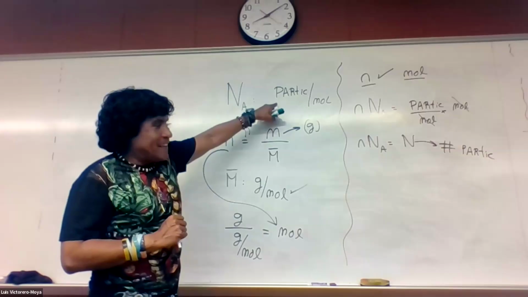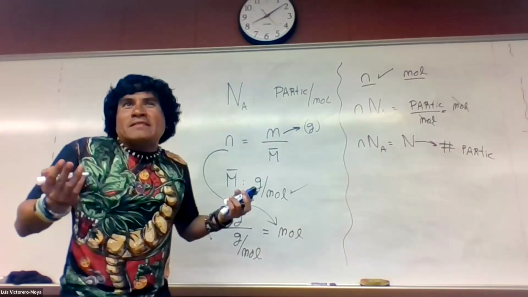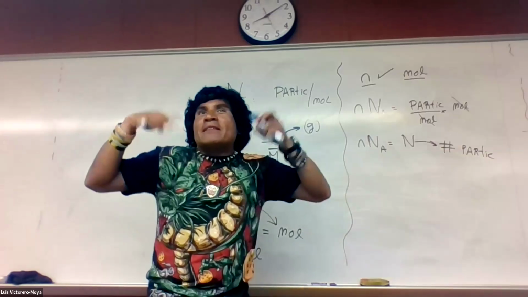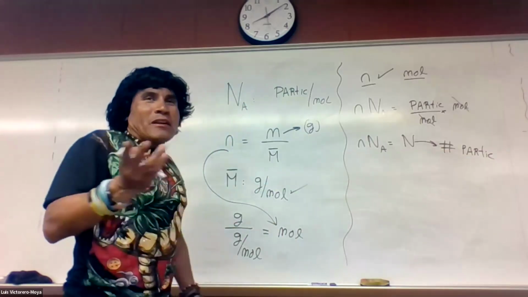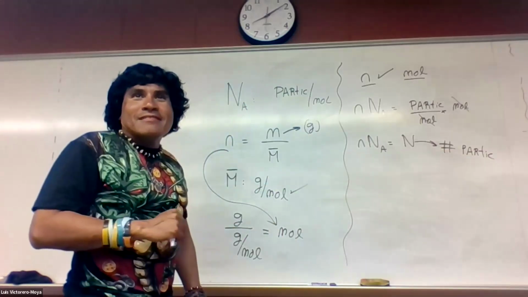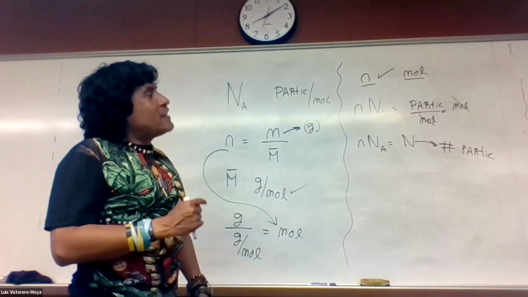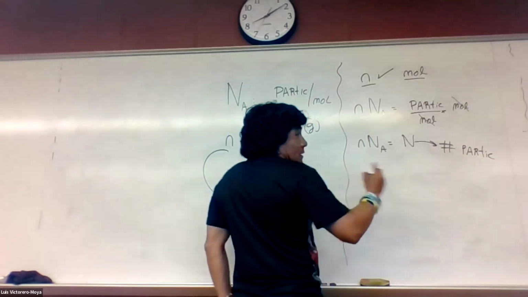You see, particles is not really a physical unit, it's just a number of particles. So what if you want to find the mass of an atom? Have you ever wondered if you can find the mass of an atom? For example, there's a problem in the assignment.